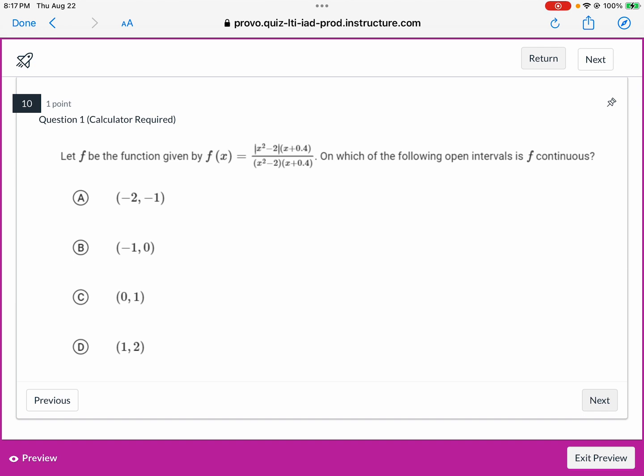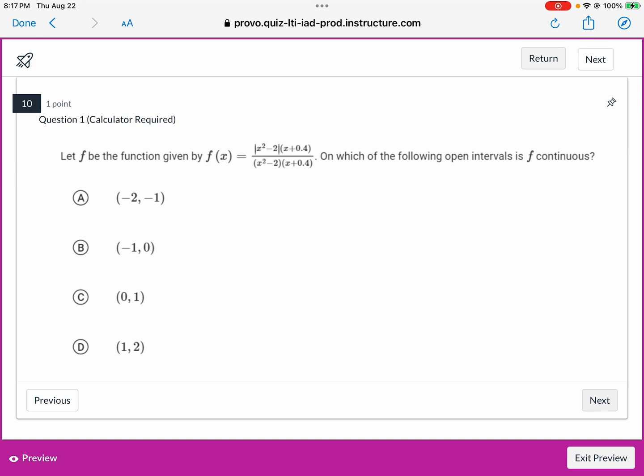But I don't think you can use my trick because x squared minus 2 is not a linear factor. I don't think there's any need to use a calculator here, to be honest. So factor that x squared minus 2 on the denominator, and you get x plus the square root of 2 and x minus the square root of 2.